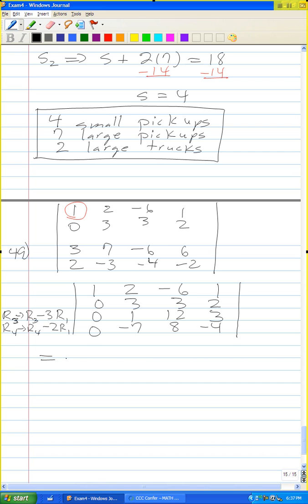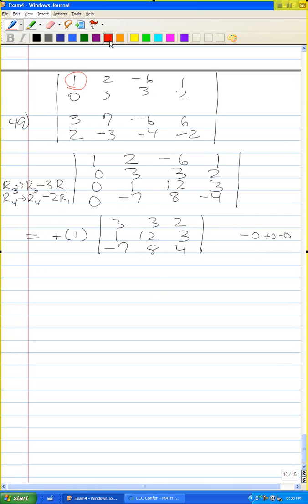This is just going to equal 1 times a positive 1 times, we'll get rid of the row and column, so 3, 3, 2, 1, 12, 3, -7, 8, -4, plus 0, minus 0, plus 0, minus 0. So those don't matter.